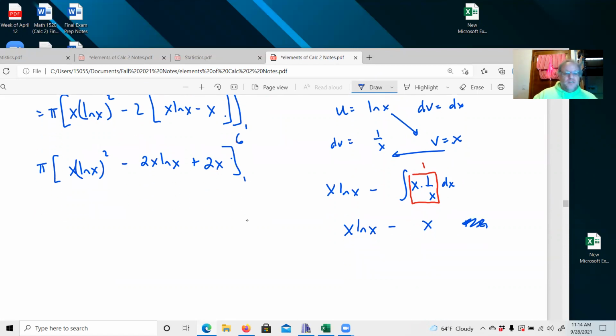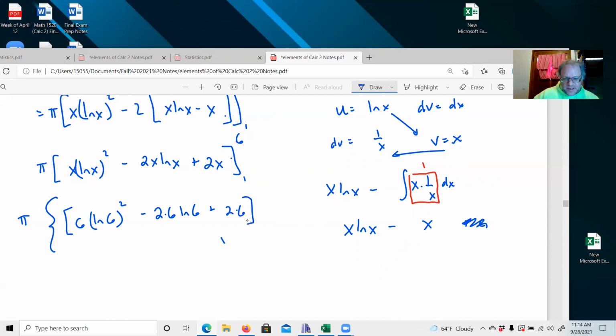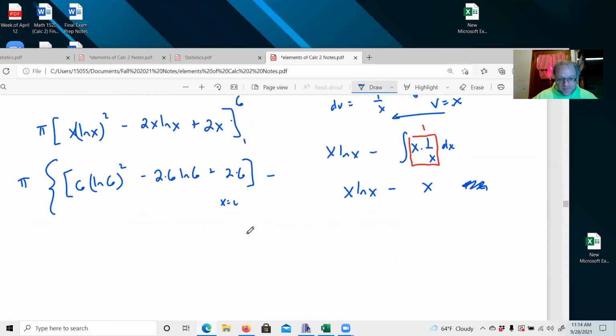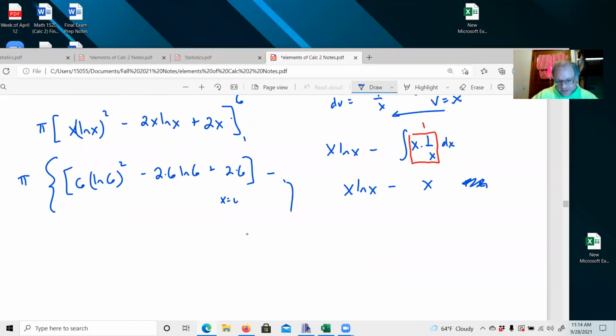Okay, so we're going to have pi. Okay, this is 6 ln 6 squared minus 2 times 6 ln of 6 plus 2 times 6. All right, this is x evaluated at 6 minus, okay, minus down here.